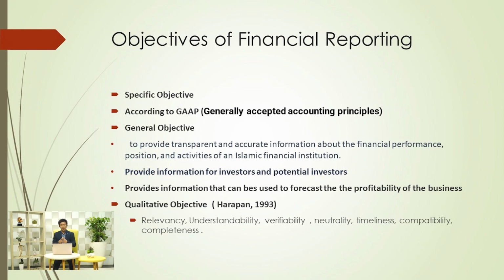But for the general objective, of course, financial reporting is important for transparency and accurate information about the financial performance, position, and activities of Islamic financial institutions. This will provide information for the investors and potential investors. Financial reporting is necessary because it can be used to forecast the profitability of Islamic banks.